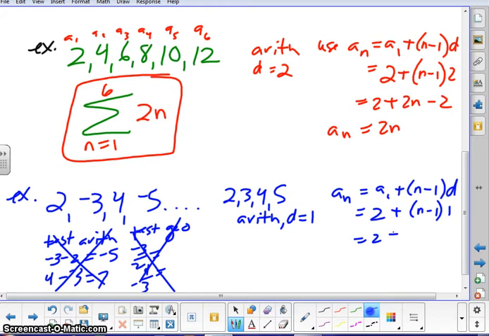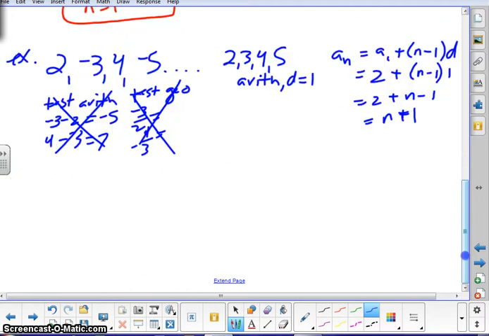And then we get 2 plus n minus 1, and what do we get? n plus 1. Okay, so that takes care of 2, 3, 4, 5. And then if you look at the rest, we have 1, negative 1, 1, negative 1. You can just see this alternating pattern happening with the negatives. So this is a geometric sequence with a common ratio of negative 1. If you divide the second and the first, you would get negative 1.